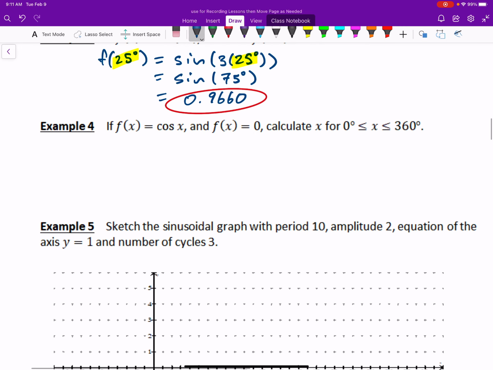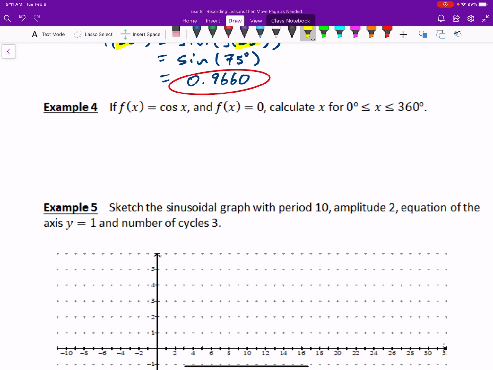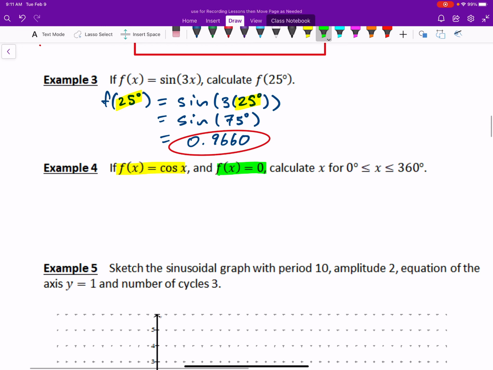function. If f at x equals cos x and f at x equals 0, calculate x for 0 to 360 degrees. So again, here's our function. We're being asked to plug this in, but notice this is different. They're not telling me that x is 25 degrees.